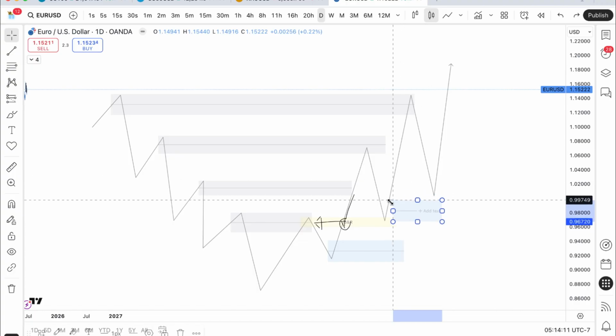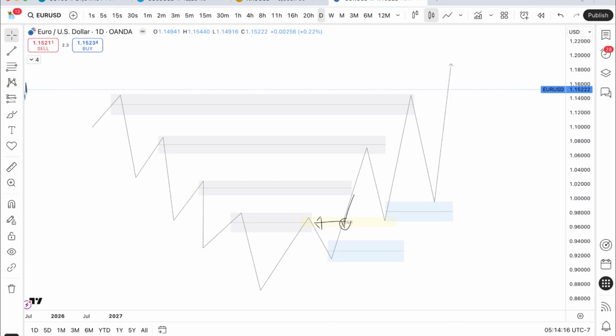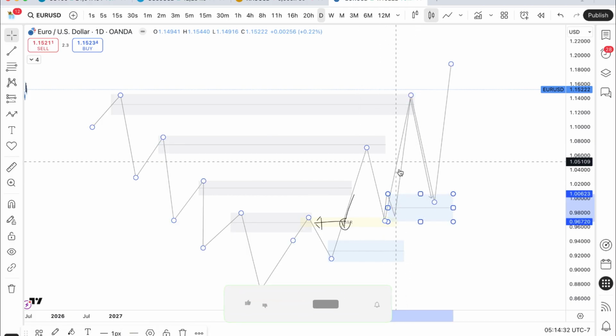So it's all subjective, honestly, in terms of the way you see price. If there was structure given here, for example, let's just say it did this, right, and price ran, right, just like this, then came back, then we understand price is coming back to the demand zone, and there was no involvement of another last supply in here.